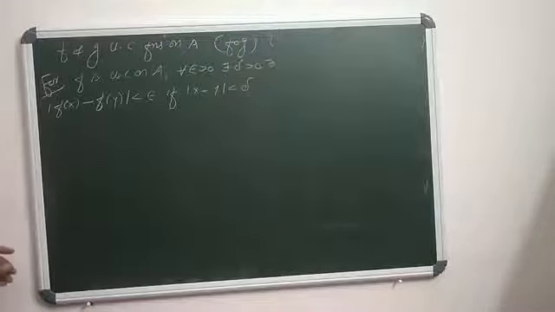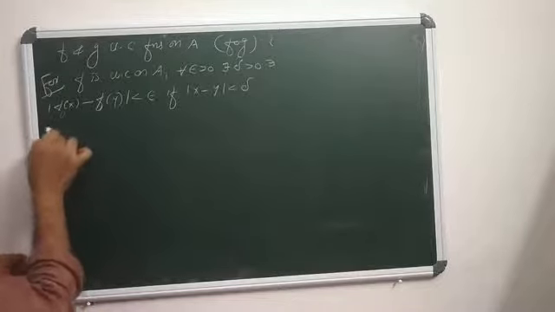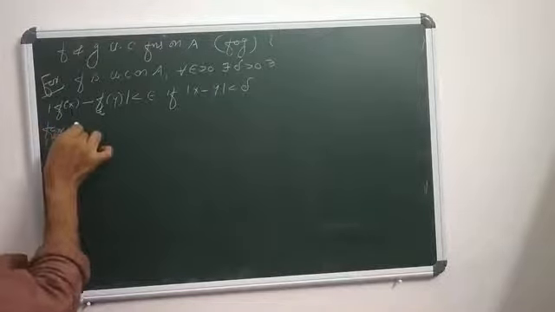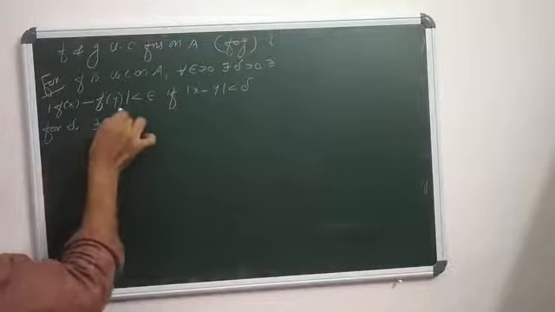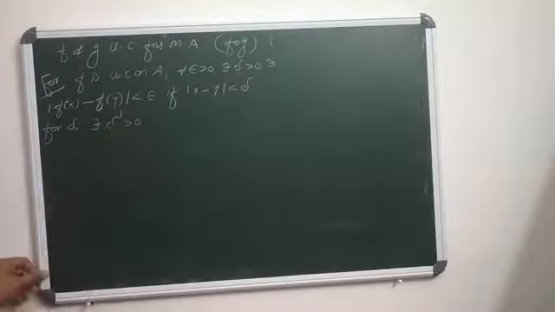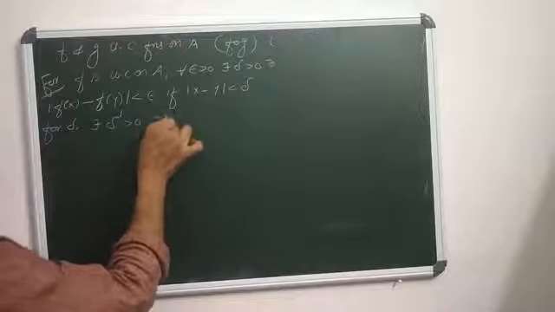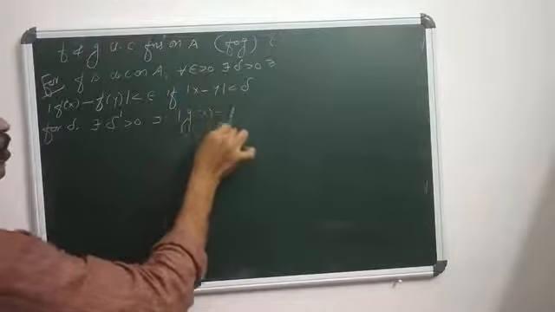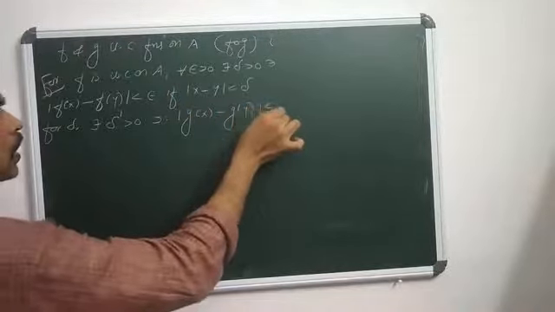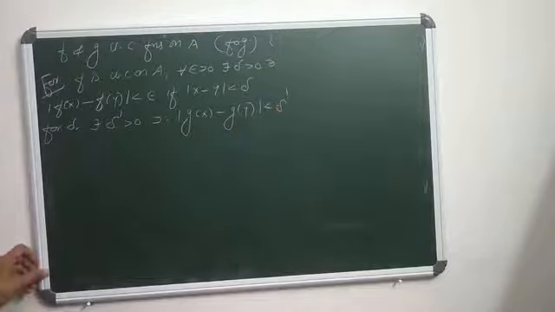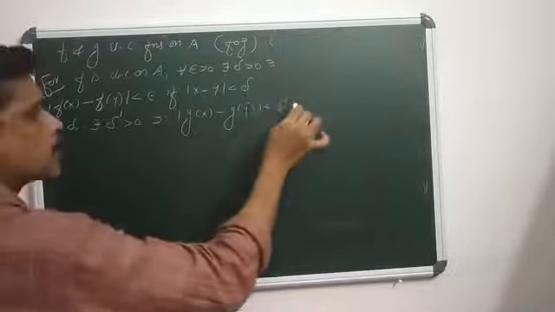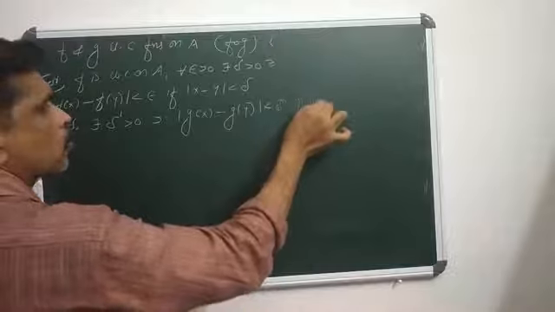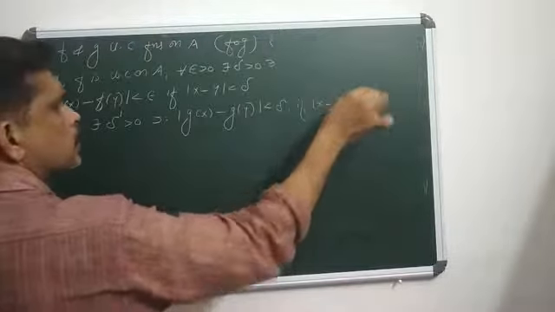Agree? So for this delta, there exists some delta dash greater than 0 such that, since g is uniformly continuous on A, modulus of g of x minus g of y is strictly less than delta, provided modulus of x minus y is less than delta dash.